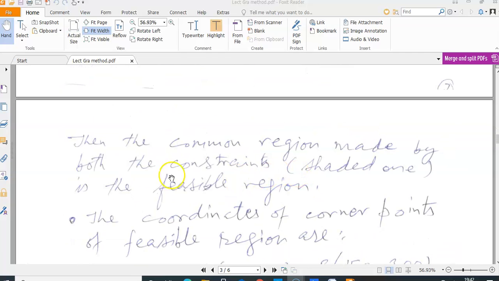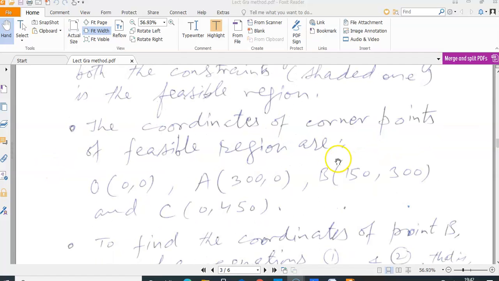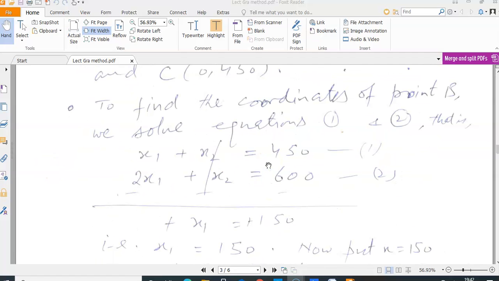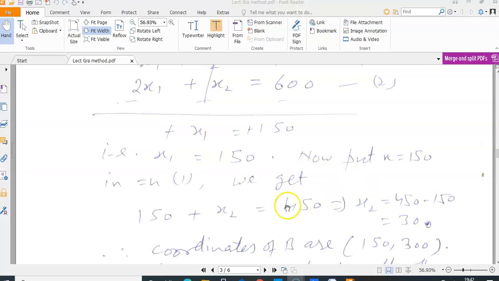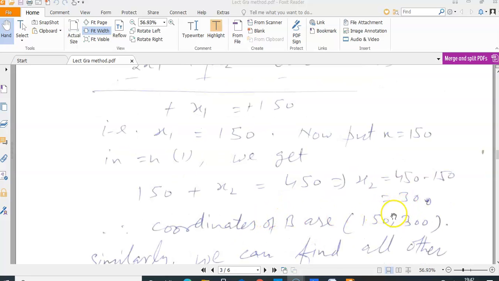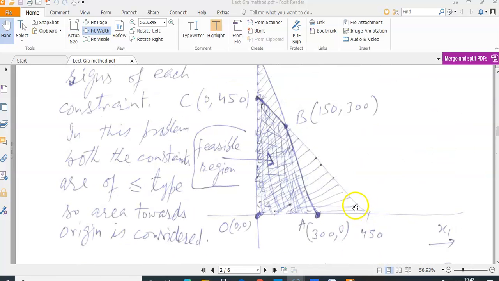To find the coordinates of point B, we solve these two equations, x1 plus x2 equal to 450 and 2x1 plus x2 equal to 600. By the usual method we get x1 equal to 150 and then x2 is equal to 300.